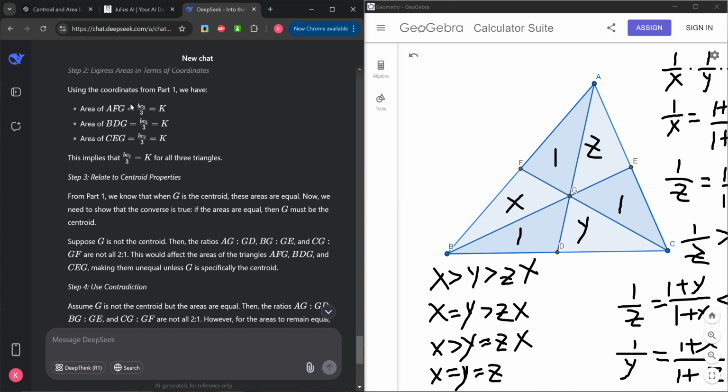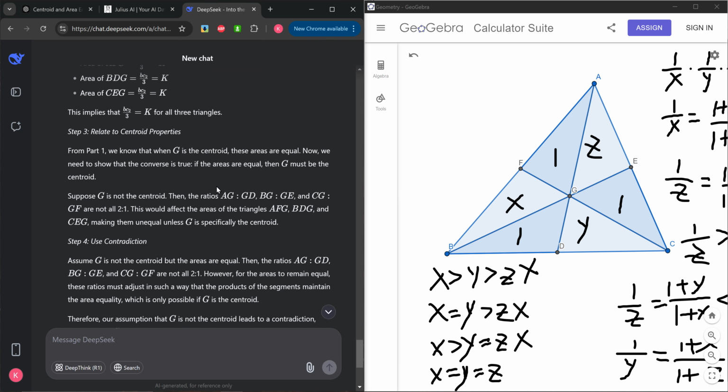I'm not sure if this is correct, but let's just say it's correct. Related to the centroid property, we know that if G is a centroid, the areas are equal. Now we need to show that the converse is true. If the areas are equal, then G must be the centroid.